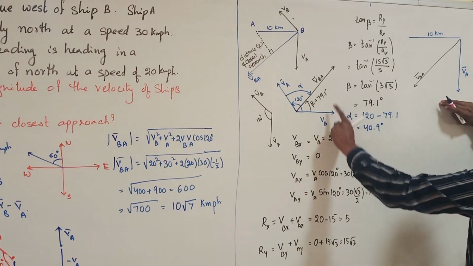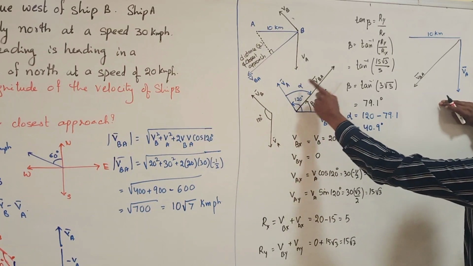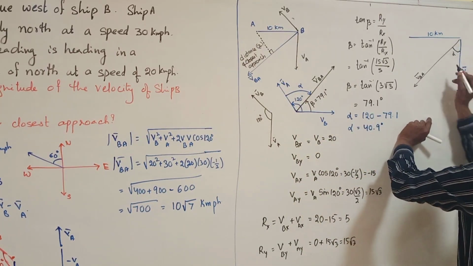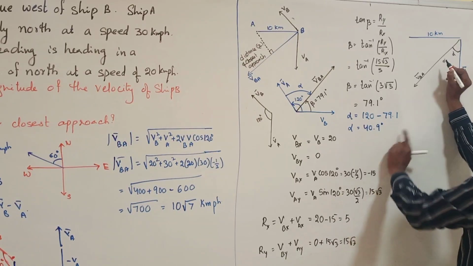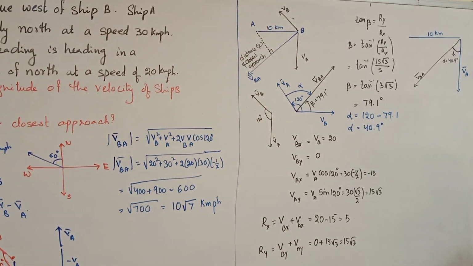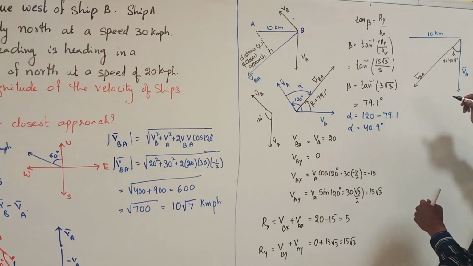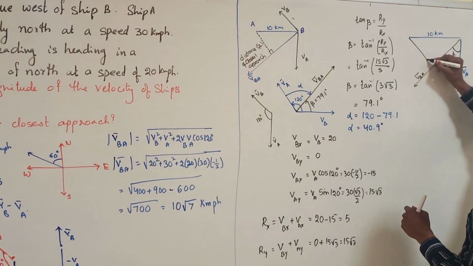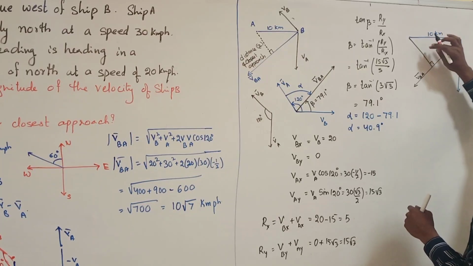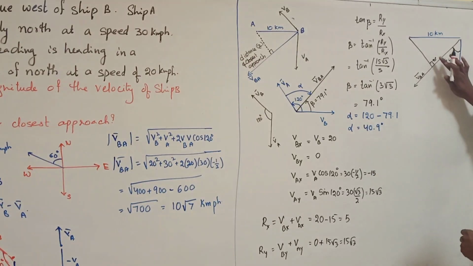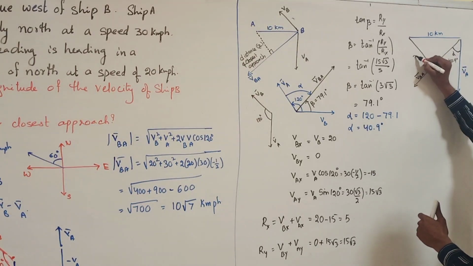The angle from the VBA vector to the VA vector is alpha. We have obtained alpha as 40.9 degrees. The distance of closest approach is from this, if you make 90 degrees, then this becomes the distance of closest approach. This is called x.